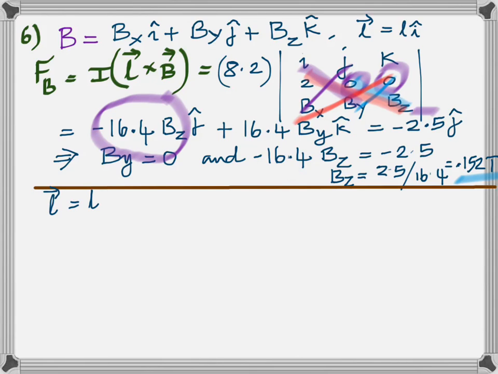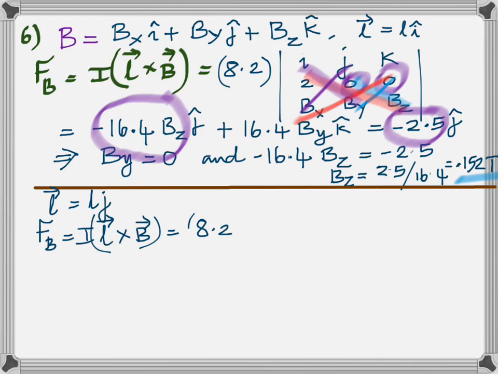The second case, when it lies along the positive y-axis, the length is Lj now, because j is the unit vector along the y-axis. And as before, you have to take the cross product.